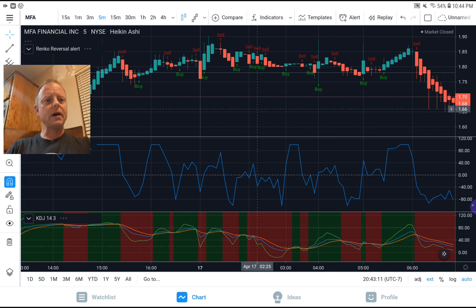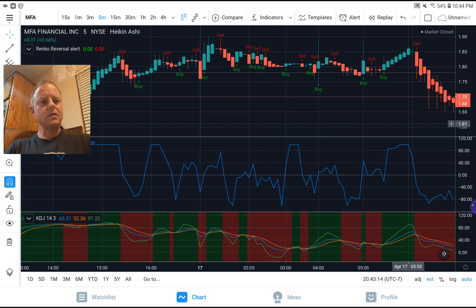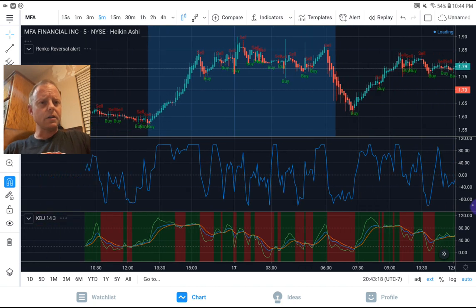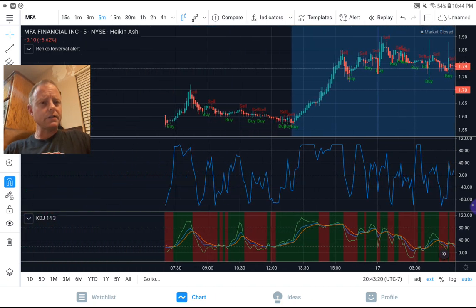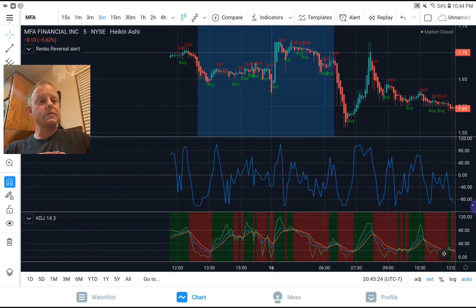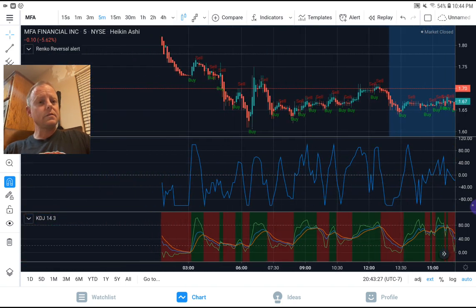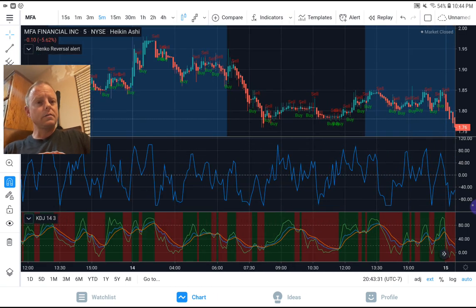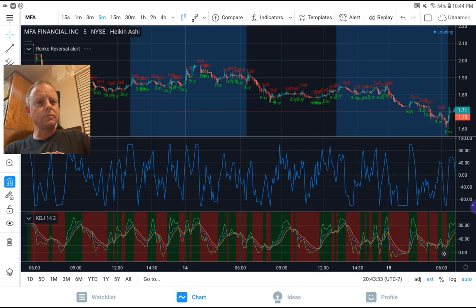If we were to go to the 5-minute window, I'm just showing you the process here. We're on an uptrend. We know it's going to increase over the next several days. Let's look for an optimum buying period. Zoom out a little bit more so we get to it.